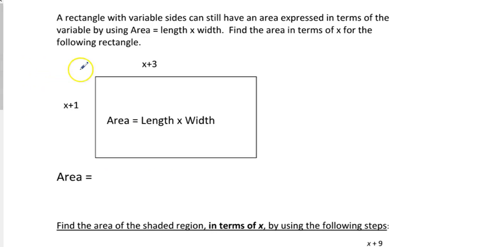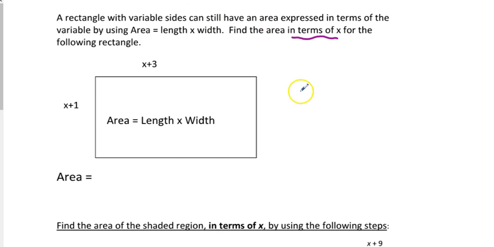Now let's complexify the situation a little bit, if that's a word. Let's complicate things. So now we've got sides that aren't numbers. In fact, they are algebraic expressions. But we can still apply that same idea of multiplying length times width and finding that area in terms of x. So we're going to have an area that's an algebraic expression.